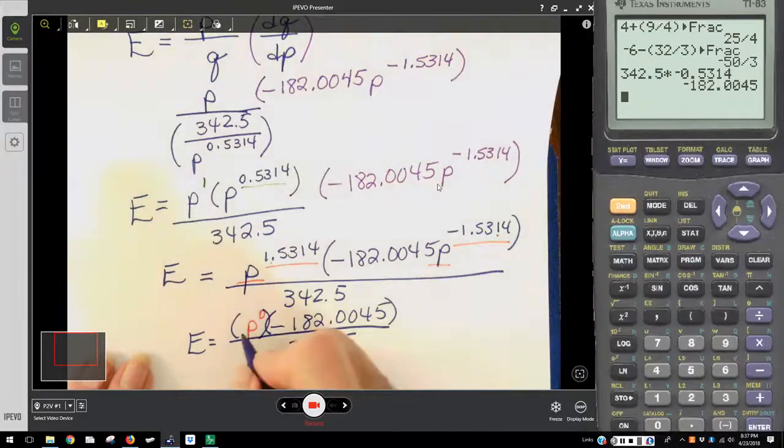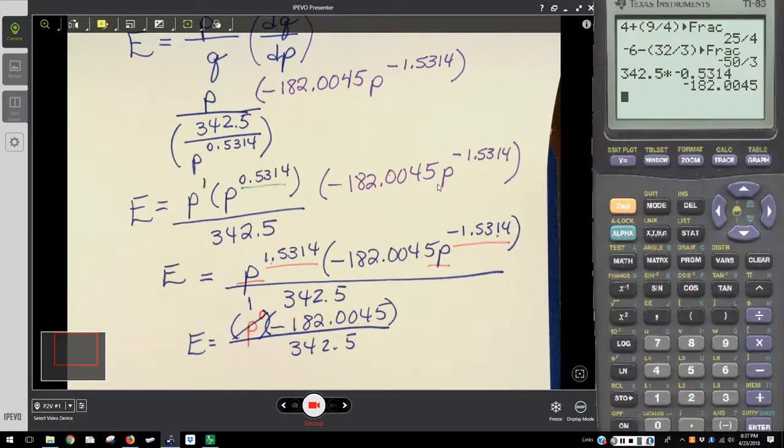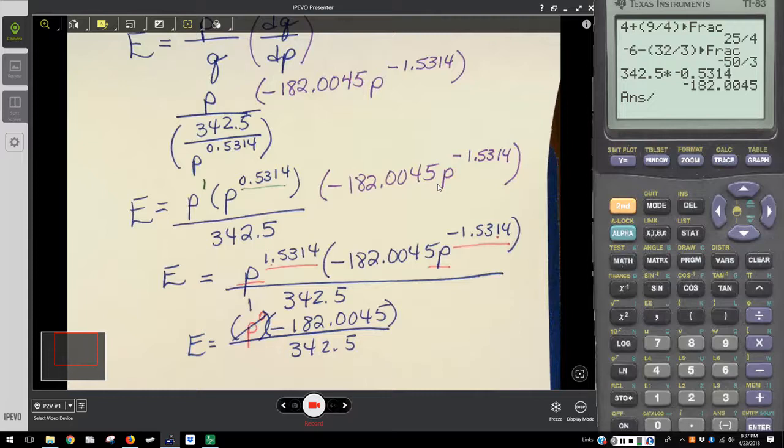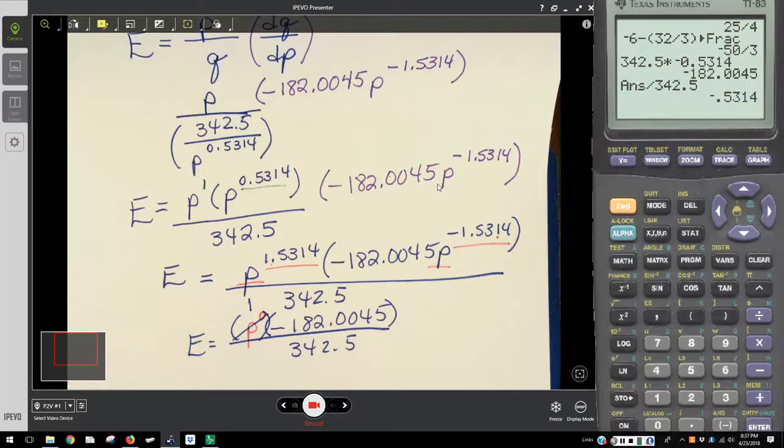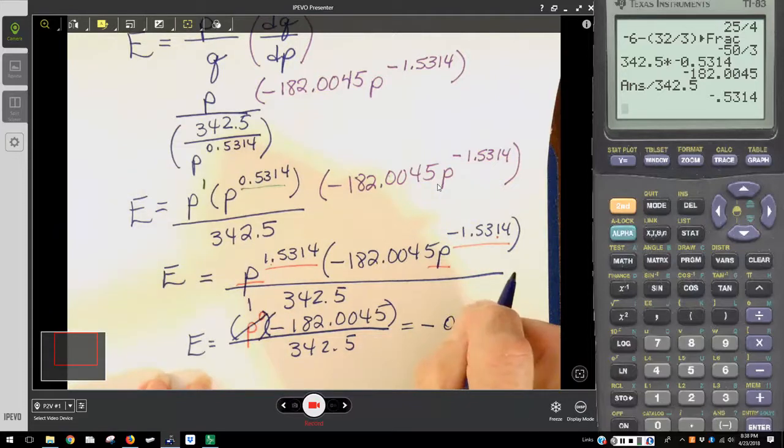And remember that P to the 0 is 1. So our final answer is negative 182.0045 divided by 342.5, which turns it back into negative 0.5314.